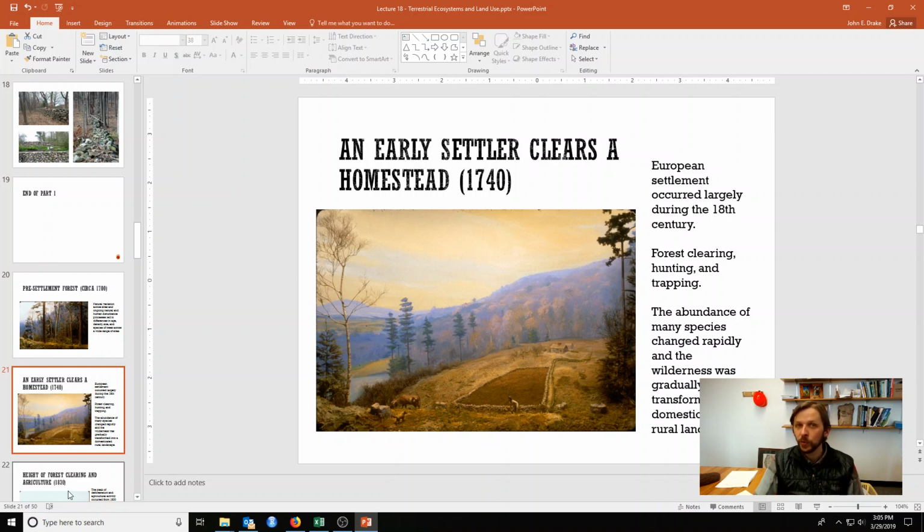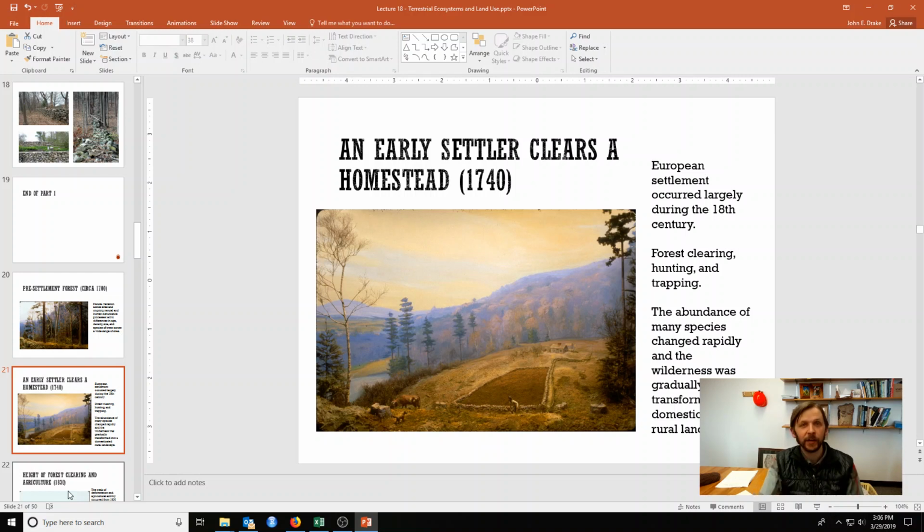Individual families often moved westward and created settlements of individualized parcels where one person and his family would clear this forest. They would use the surrounding forest for hunting and trapping, but they would clear land to create agricultural fields that they could cultivate for crops that they were used to growing back in their home countries of their original descent.